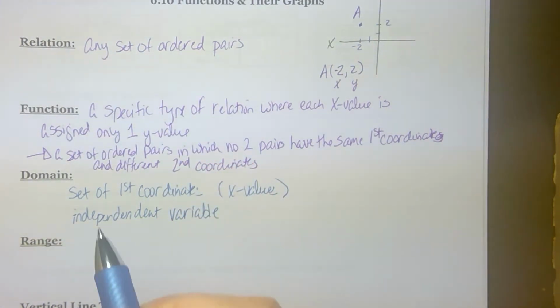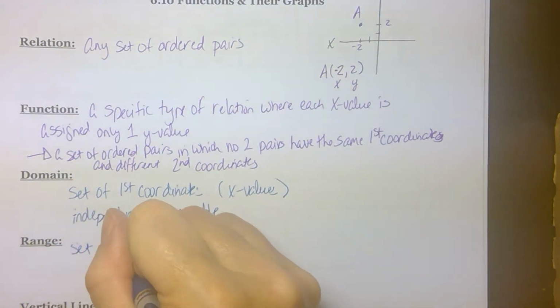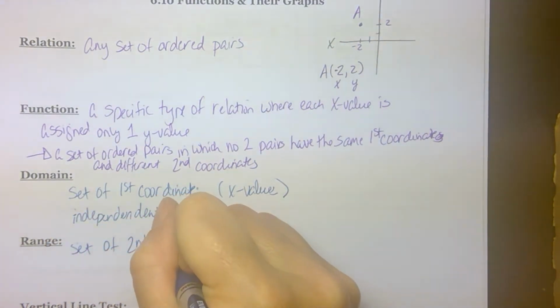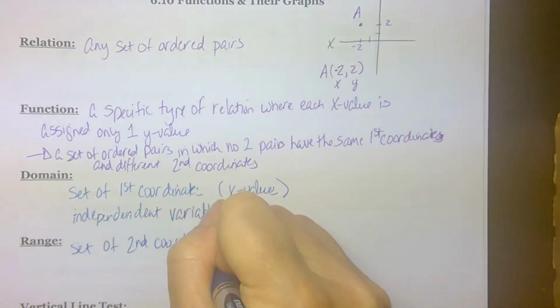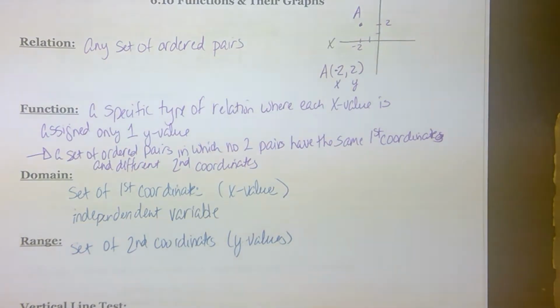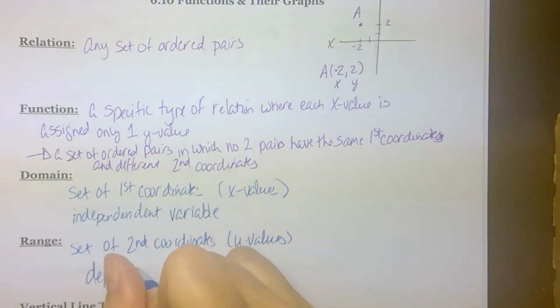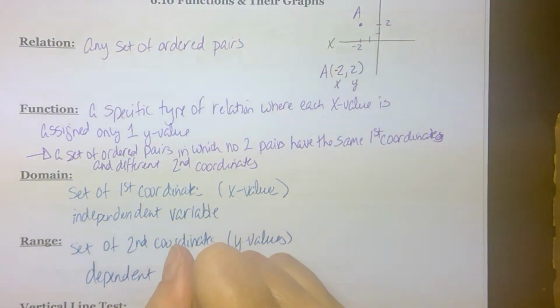And our answer comes in the form of the range, which represents the set of second coordinates, or our y values. And those range values depend on the x coordinates, the x value that's plugged in. So these are our dependent variable. The range is made up of the set of the dependent variables.